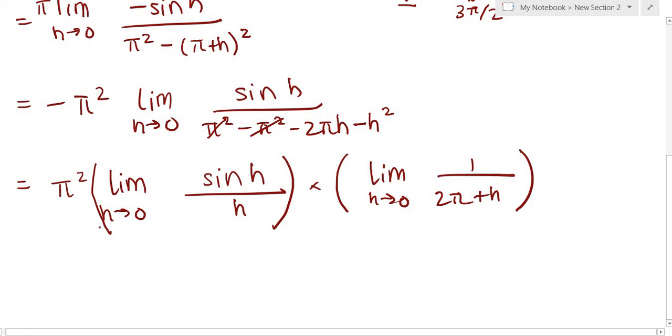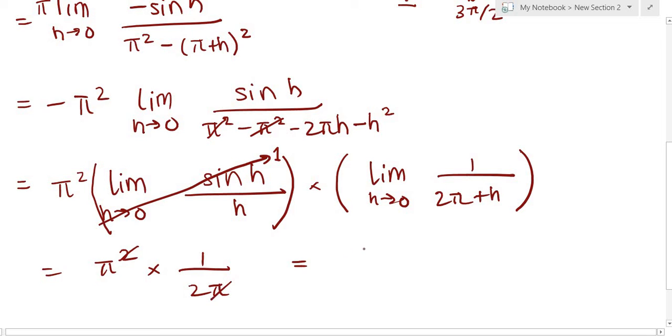Now this is just our identity straight off. This goes to 1. So we have pi squared times, and when we substitute h as 0, we have 1 over 2 pi. And one pi cancels out with this, and we just have pi over 2.